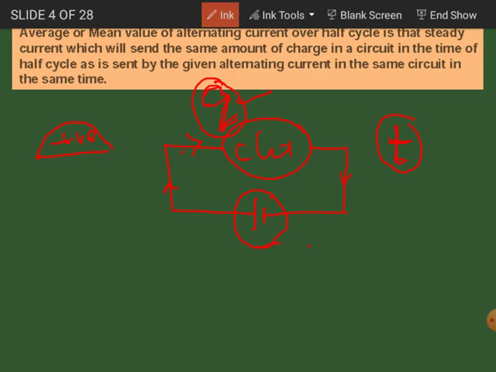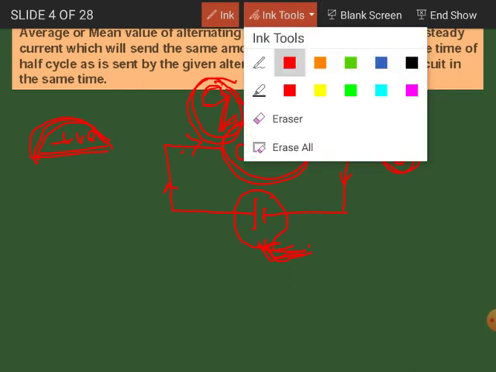So in the same time small t, if this steady current could pass the same amount of charge in the same circuit during the same interval of time, then this DC or steady current is defined as the mean or average value of that AC current during this half cycle of the AC. Got it? Let's try to check the formula for this.